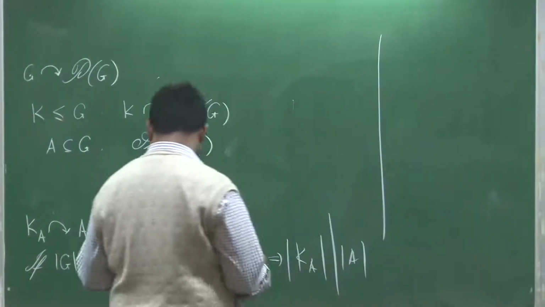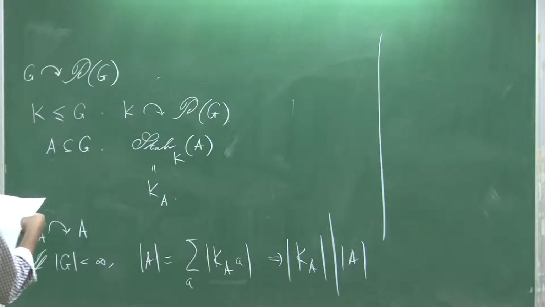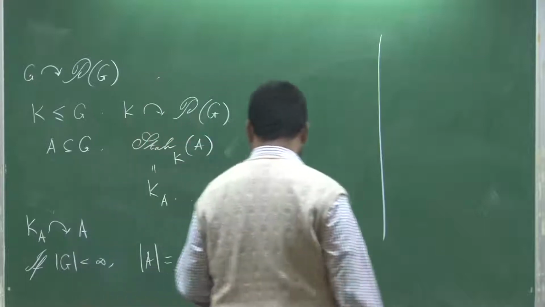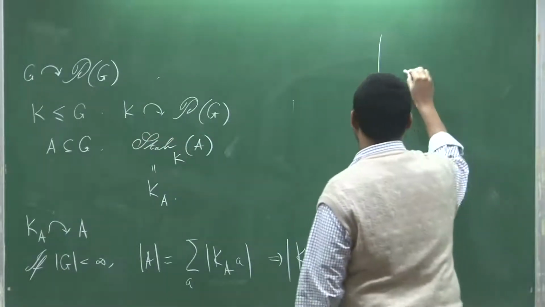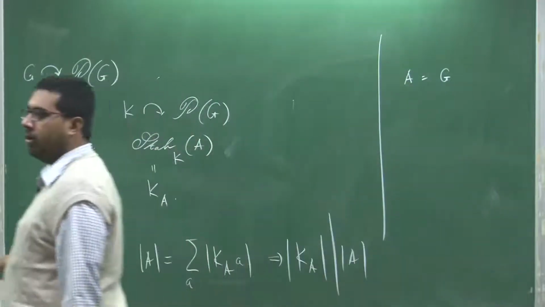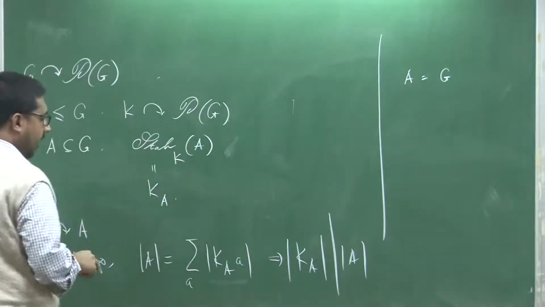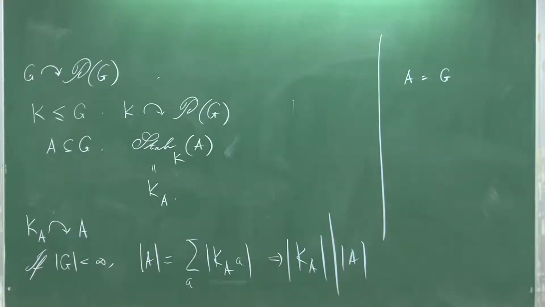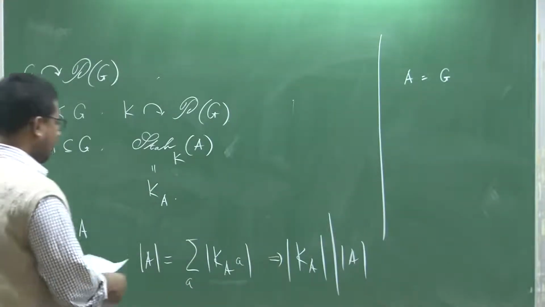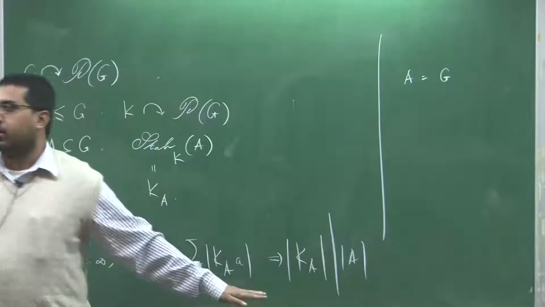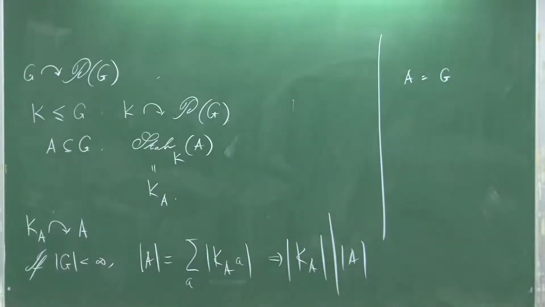To see that, you can simply take A to be G. If you take A to be G, then K_A will be the whole of K, and then you will see that the order of K divides the order of G. So, Lagrange's theorem is indeed a special case of this, and the same kind of argument applies here.